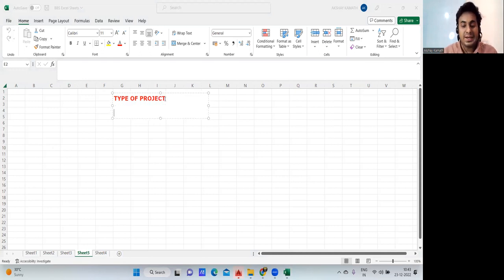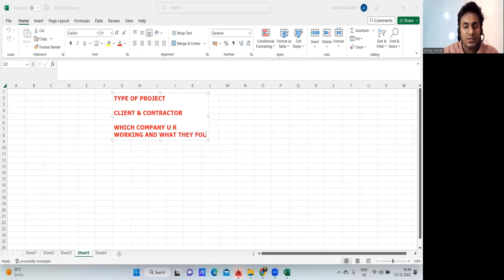Second thing, it depends on the client and, let us say, the contractor. So again, it depends on which company you're working for and what they follow. These are the three things that it depends on.